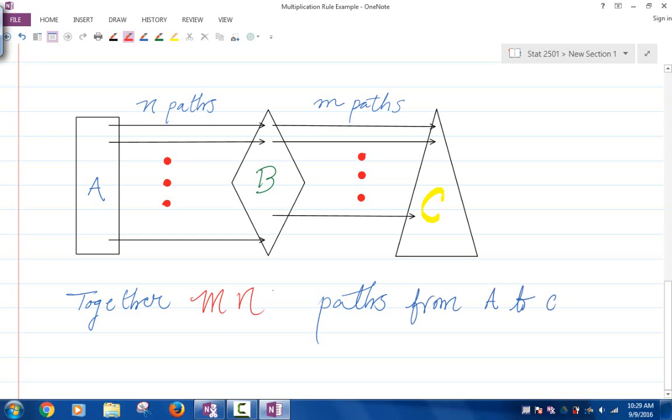Together there are mn paths from A to C.